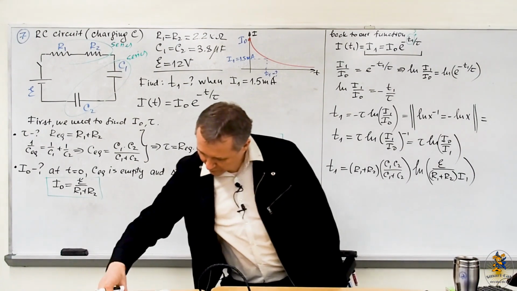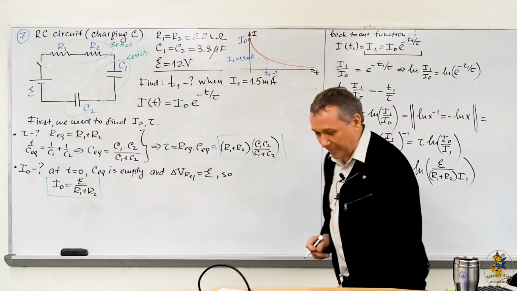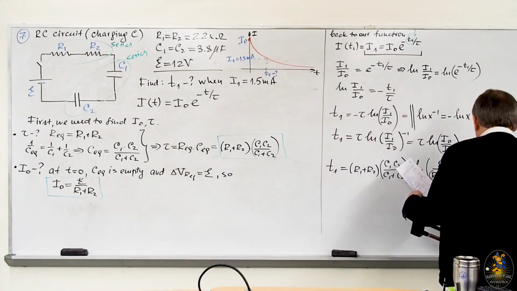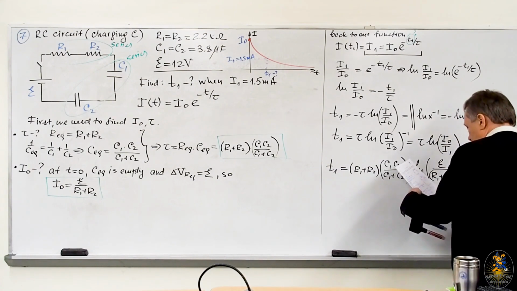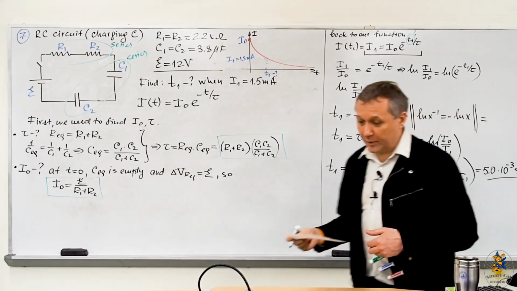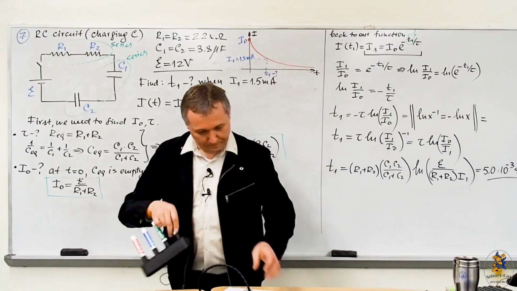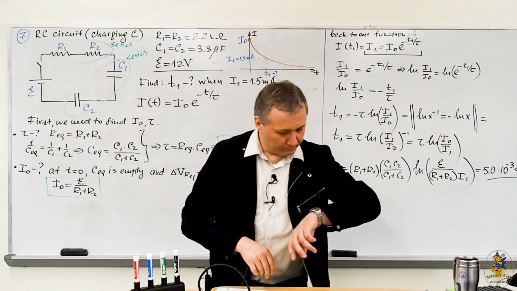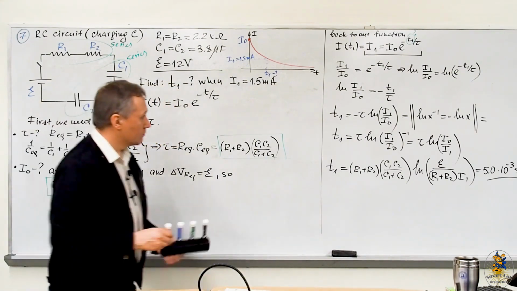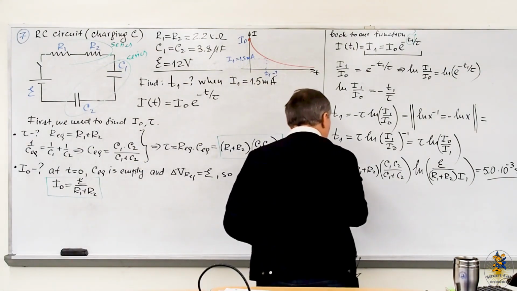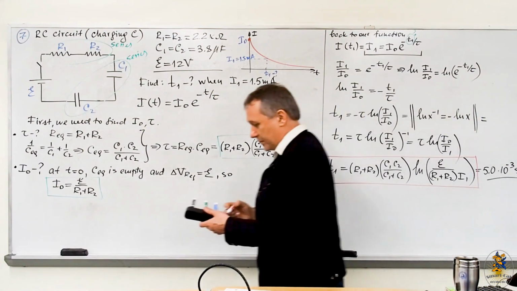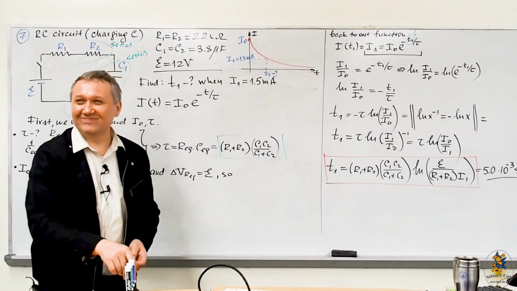But let me check to make sure that everything is correct. Yeah, obviously. If you plug in numbers, which of course I'm not going to do, you will get 5.0 times 10 to the power of minus 3 seconds. 5 milliseconds. Reached the final result and haven't framed it. Strange.